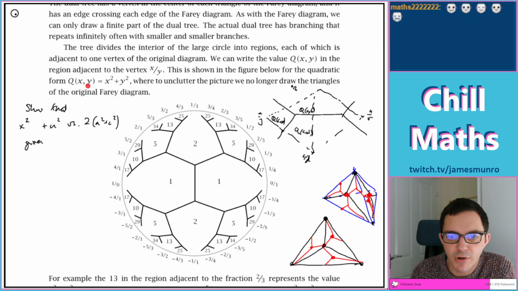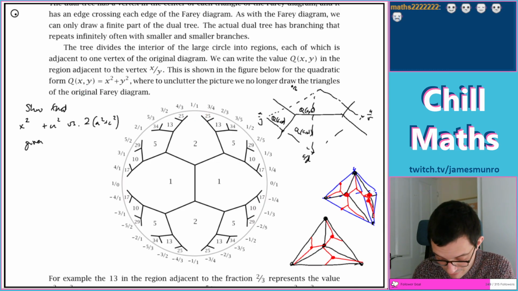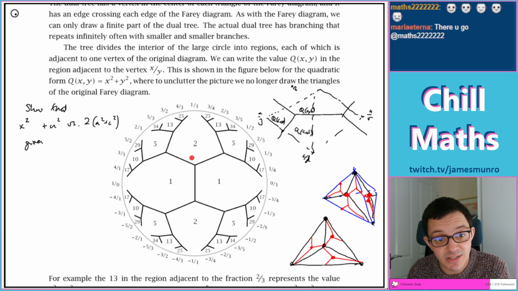So for our quadratic form, we're going to plug in the numerator and the denominator, which really makes me think that we're thinking of these as a pair of numbers rather than a fraction. But never mind. Okay, we're going to plug those in, and there are regions in the circle, which is new for this chapter, so it's something for me to understand, that are labelled.